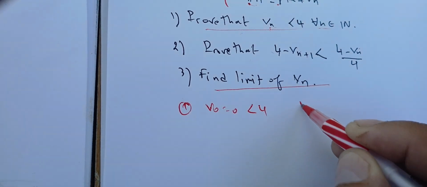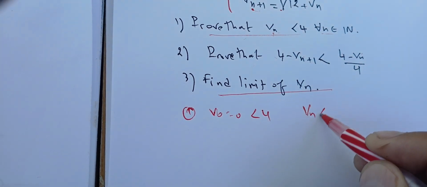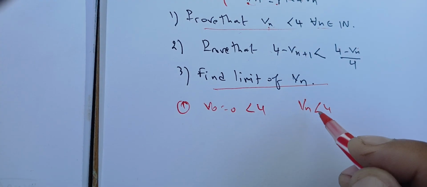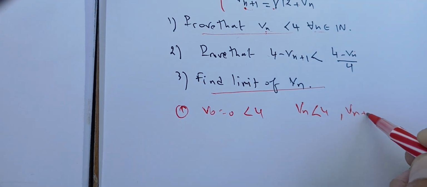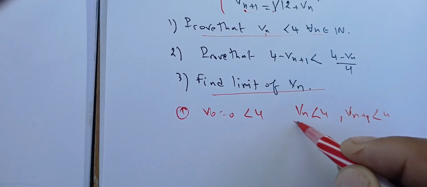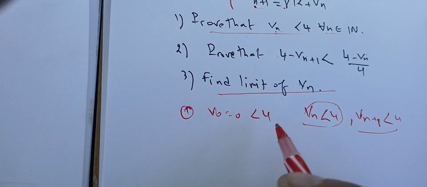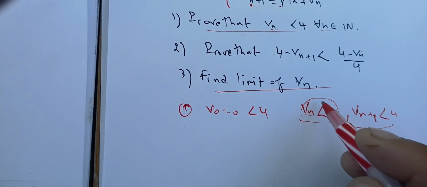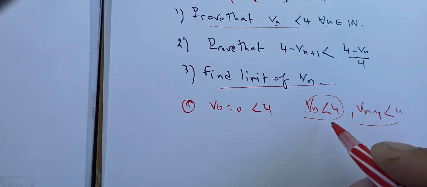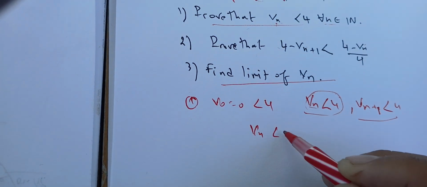Now we assume that Vn is less than 4, and we're going to prove that Vn+1 is less than 4. So we start from here and arrive here. We have this one as a premise: Vn is less than 4.